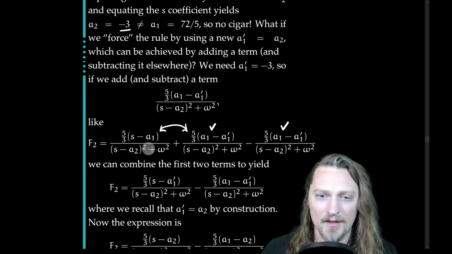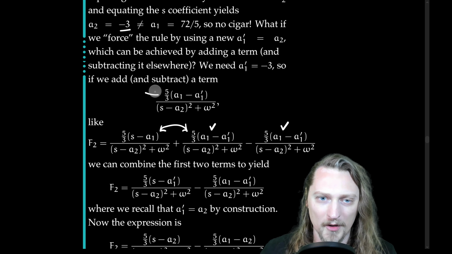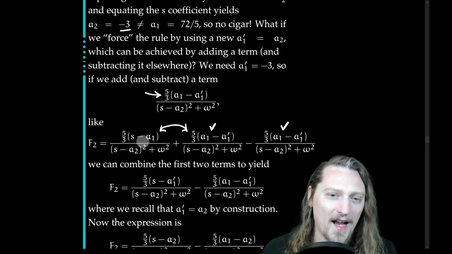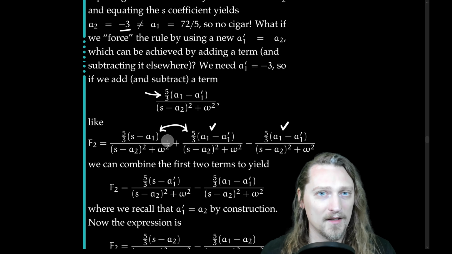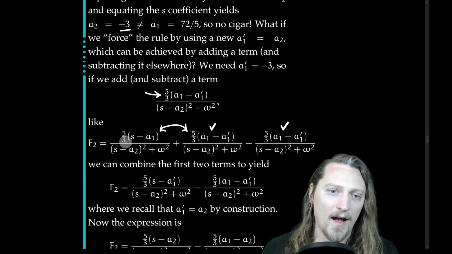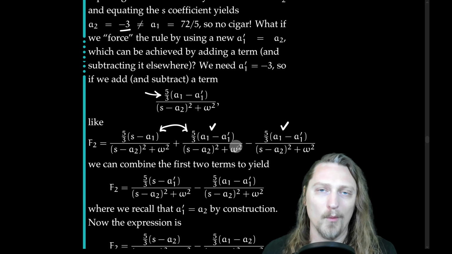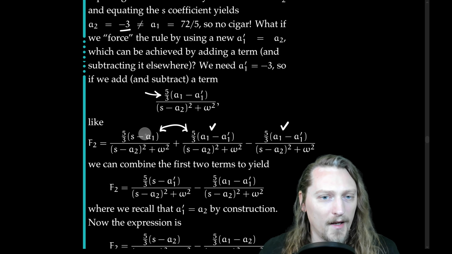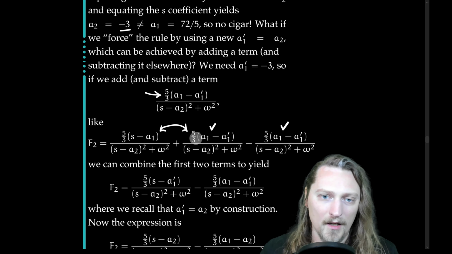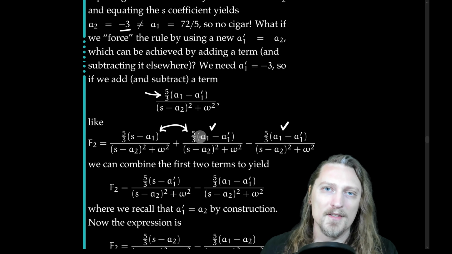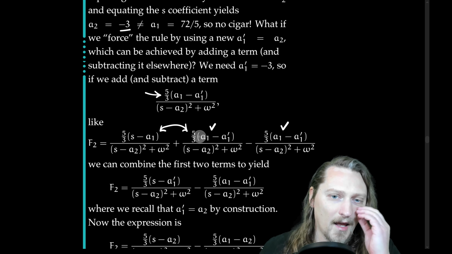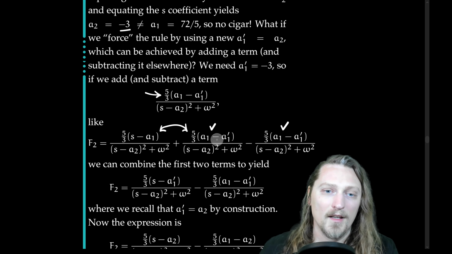So here we go. By construction, we chose this numerator to make sure that this happened. So when we add these together, look what happens. You're adding two fractions with a common denominator, so you can simply add the numerators together. We have 5/3 s minus a1 plus 5/3 a1 minus a1 prime. Well, the a1 here and the a1 here are both multiplied by 5/3. This one's negative, this one's positive. They cancel each other by construction, and the other term is left over.